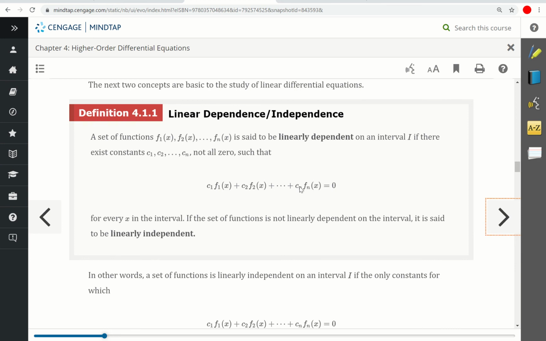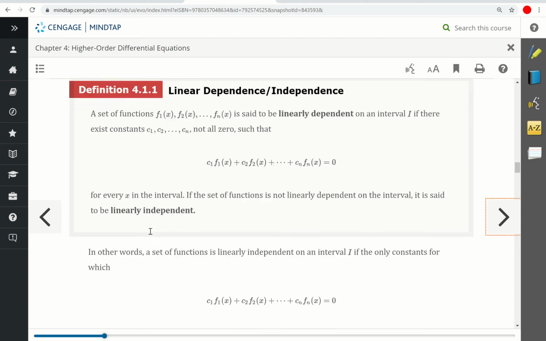But in the definition of being linearly dependent, you would need for not all of those constants to be 0. So at least some of them would have to be real numbers different from 0. And if you're able to find such a collection of constants c1 through cn, then these functions would be called linearly dependent. If a set is not linearly dependent, then it is referred to as linearly independent.